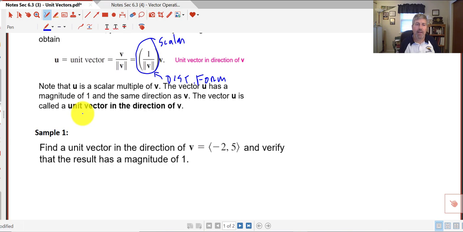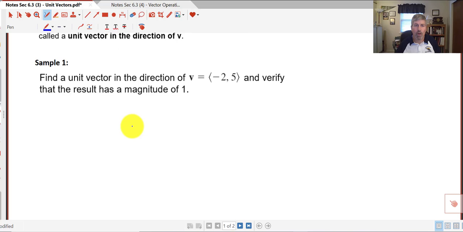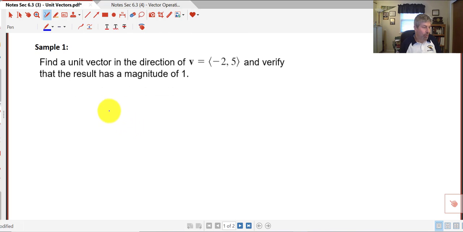So let's take a look at a sample here. We want to find a unit vector in the direction of v equals -2, 5, and verify that the result has a magnitude of 1. What we're going to do is find the magnitude of that. So we start by doing our scalar, 1 over the magnitude of v. So we said think distance formula here.